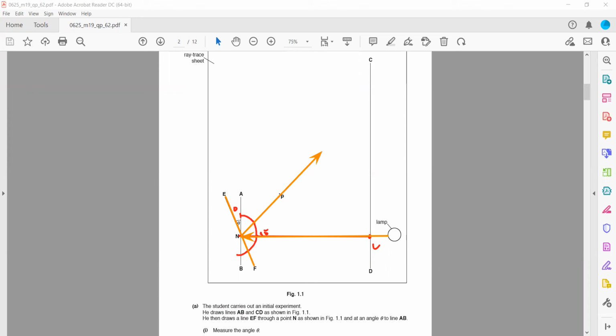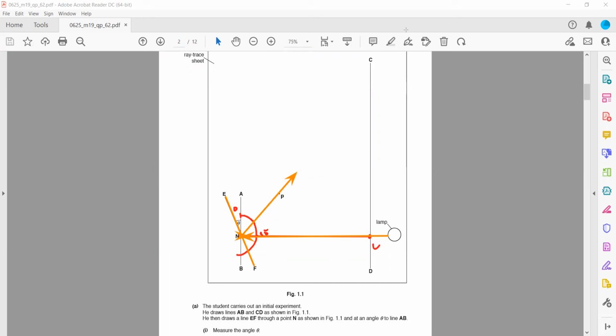Basically, whenever we want to locate the position of the reflected ray or the refracted ray, the pin should be far away from the reflecting or refracting surface. What is the reason for that? The reason is that if the pin is placed closer, there are multiple ways to draw the line.